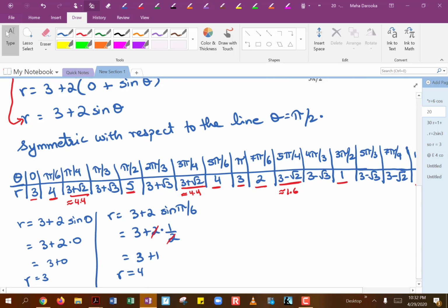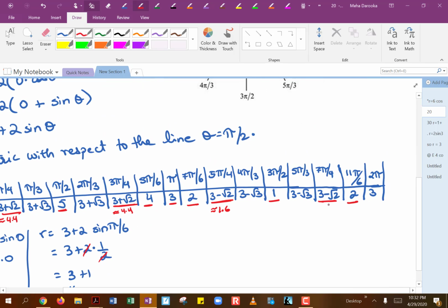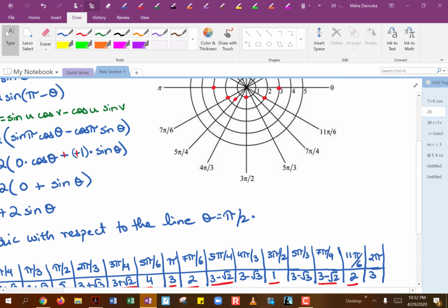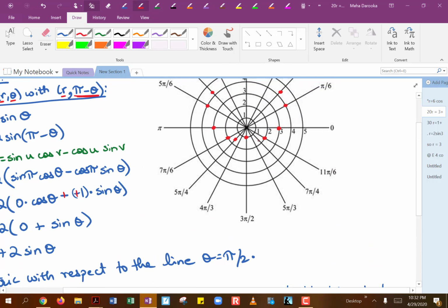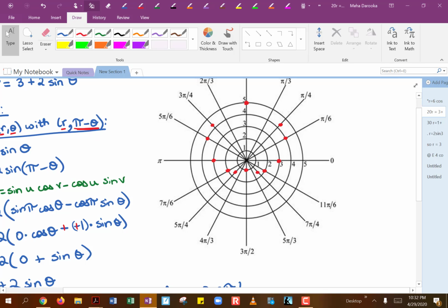So somewhere over here. And we've got another one of these at 7 pi over 4, which is approximately at 1.6 again. So 7 pi over 4 at 1.6, somewhere over here. So hopefully this should give you enough to come up with a general shape for your graph.